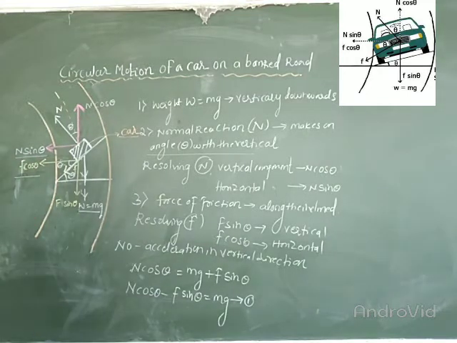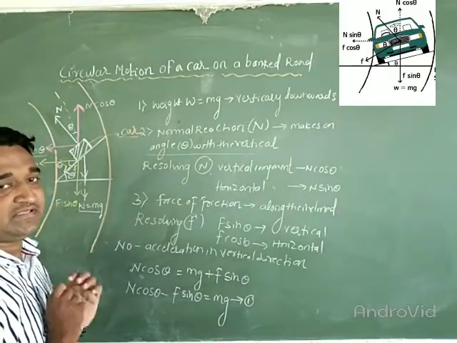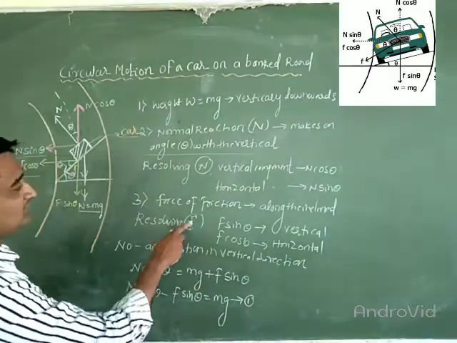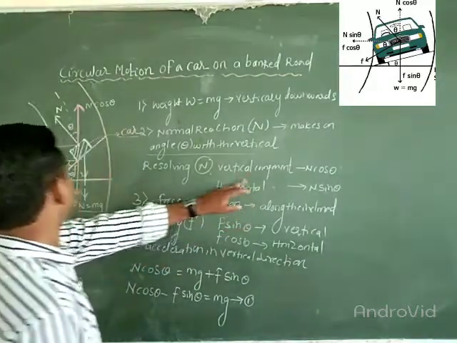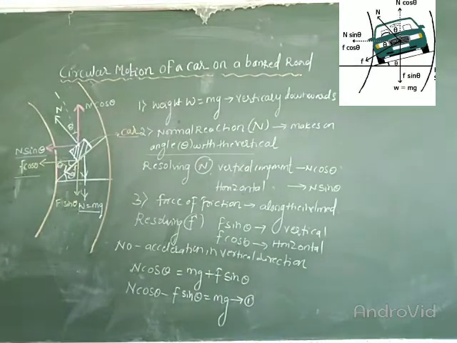Here the horizontal components of normal reaction and force of friction both give the necessary centripetal force. That is, one is the horizontal component N sin theta, and again the horizontal component F cos theta. These together give the necessary centripetal force.